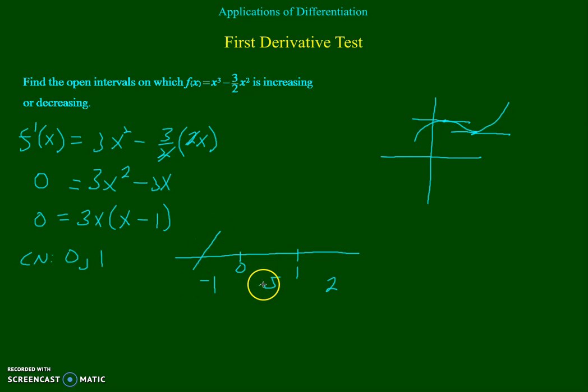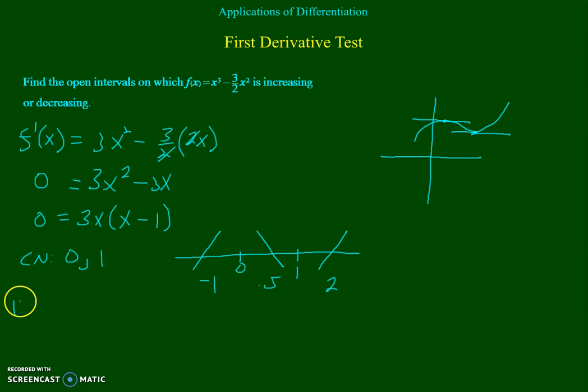Then I'm going to go to 0.5 and evaluate this function at 0.5, and it's negative. So I'm going to make a negative slope segment indicating the function is decreasing, and then I'm going to evaluate at 2, and that's positive. So we know our function is increasing on this interval and decreasing on this.